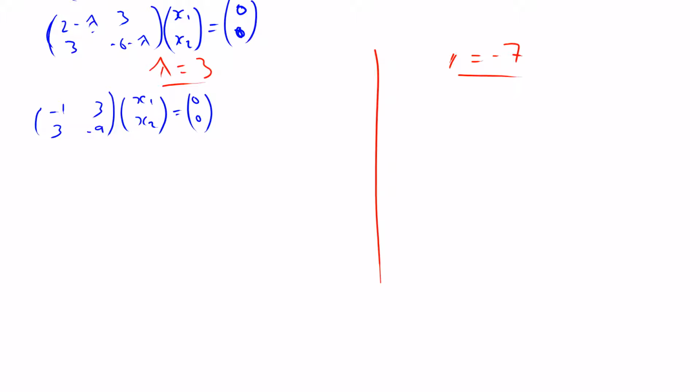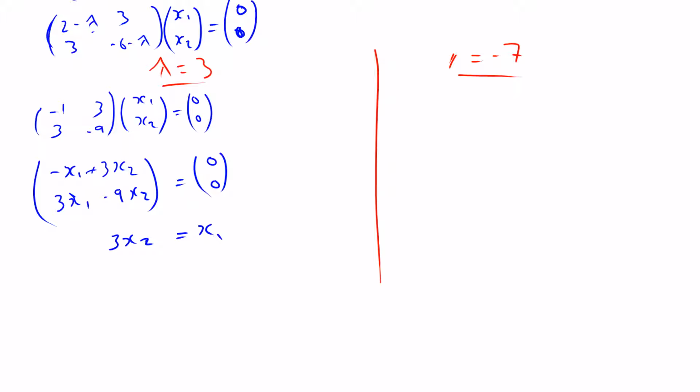So from here we can multiply out. We're going to get -x1 plus 3x2 and 3x1 minus 9x2 equals 0, 0. And that is basically two equations: x1 equals 3x2, and 3x1 equals 9x2.